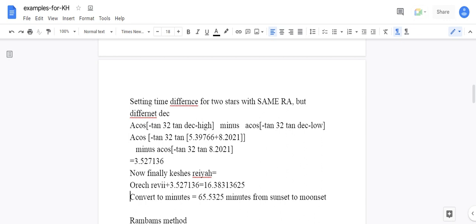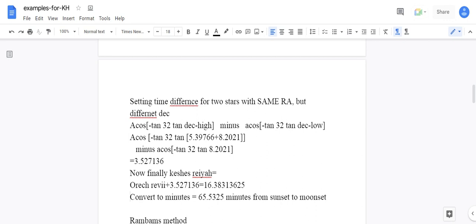This is the setting time from when it reaches the prime meridian till the setting time for the high declination, and this is for the lower declination. The answer is 3.5. This is the amount in degrees, and you can multiply that by minutes. That will be how many minutes longer it takes to set for the high declination. It's about 12, maybe 14 minutes.